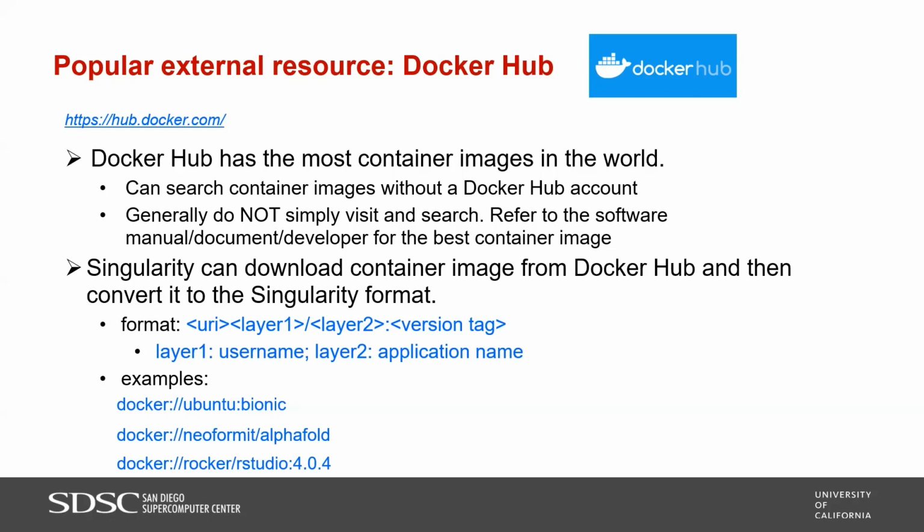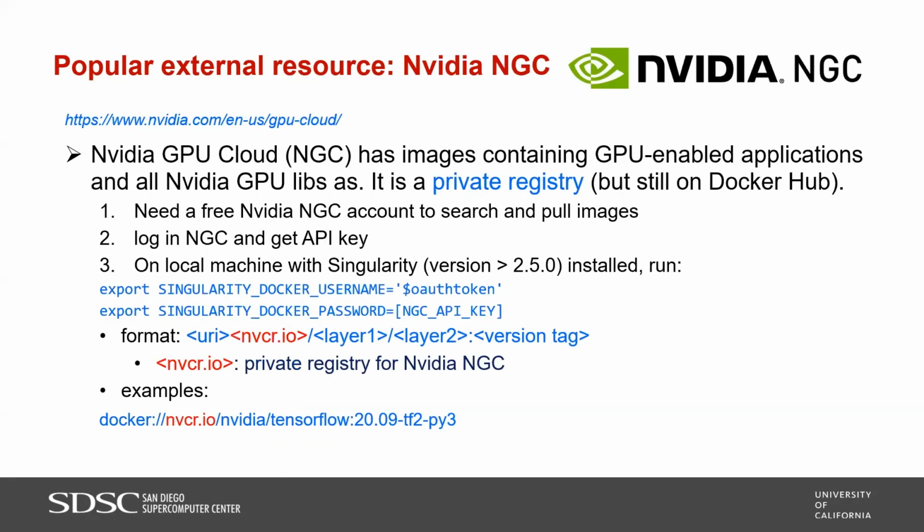Okay, the next repository I would like to recommend is called NVIDIA NGC. NGC stands for NVIDIA GPU Cloud. Why do I recommend this? Because it is built and managed by the NVIDIA community.